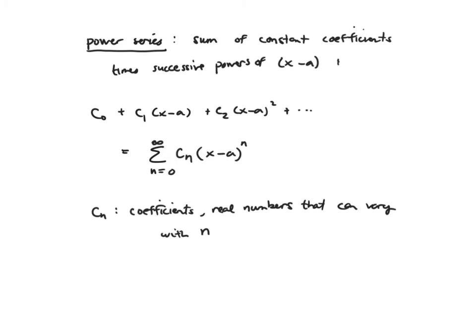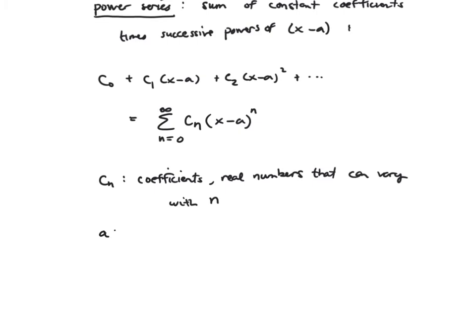It can be a whole bunch of things. The a is some constant value, a real number, 3, minus 4, whatever it might be. And the x here is our variable. So we can put an x value into the series, and it should, provided it converges for us, spit us out some value.